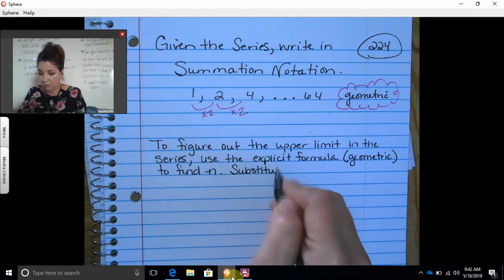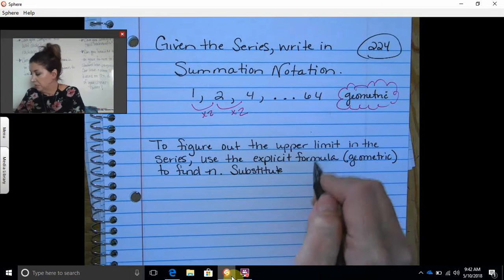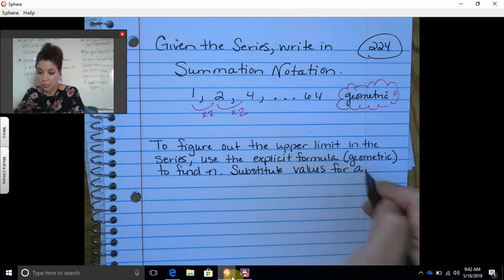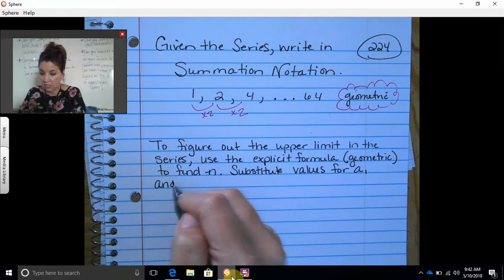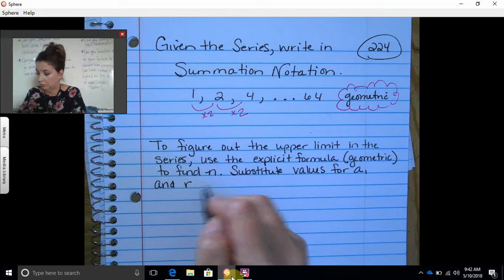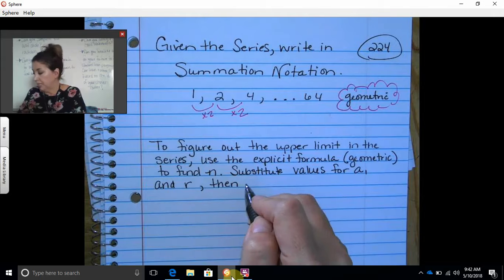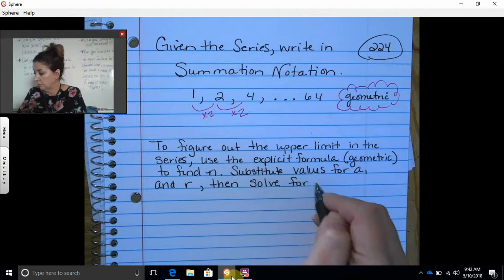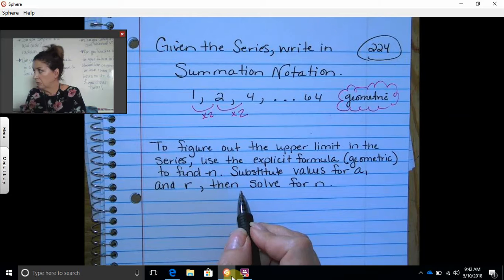Substitute values for a sub 1 and r, then solve for n. Do I need a comma after then? No? I feel like I do.